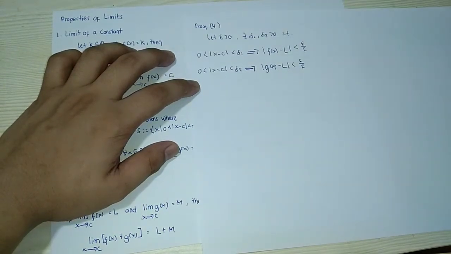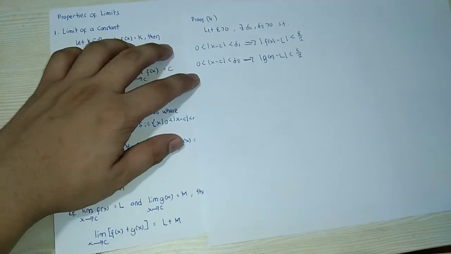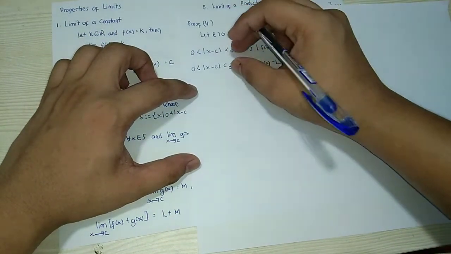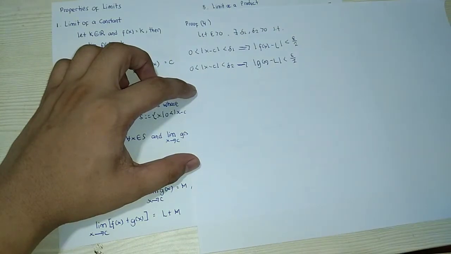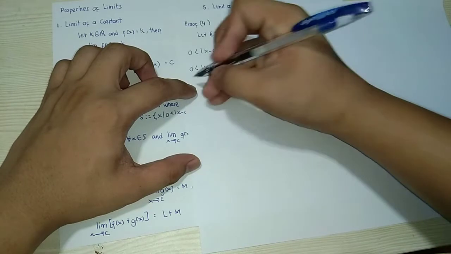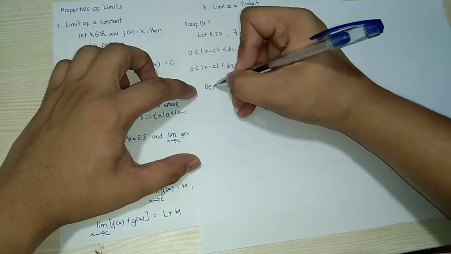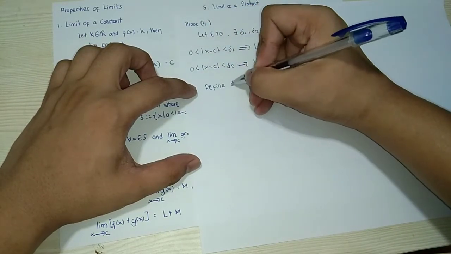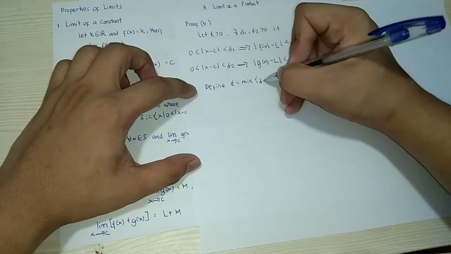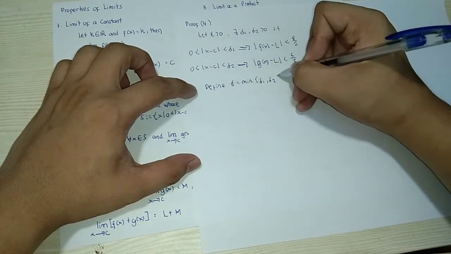Okay, so next, kunin natin yung mas maliit na value ng delta 1, delta 2 para magamit natin kahit aling conclusion dito. So let's define delta to be the minimum of delta 1 and delta 2.